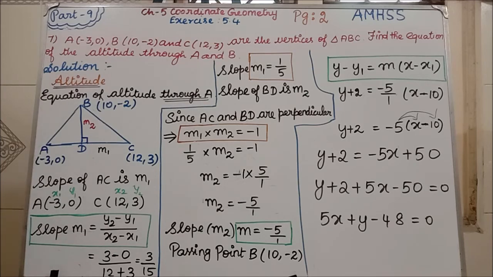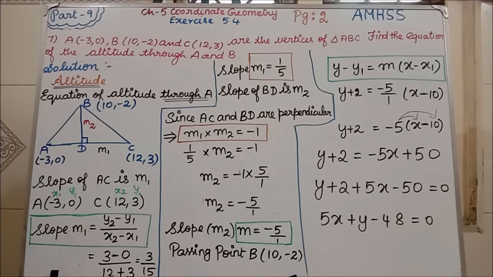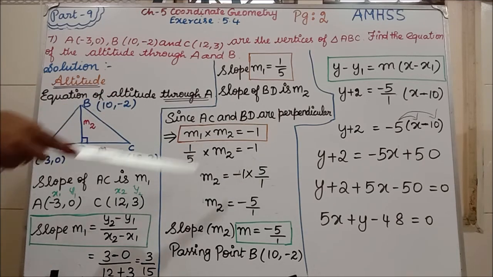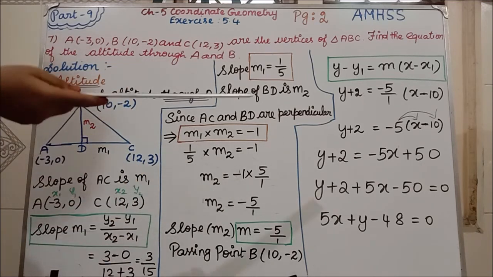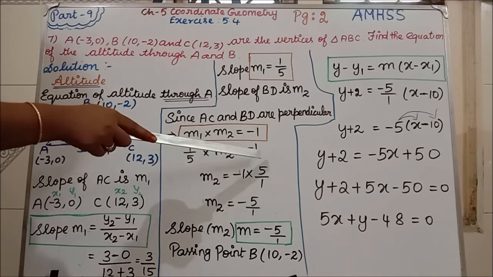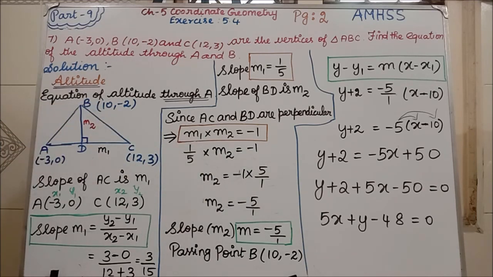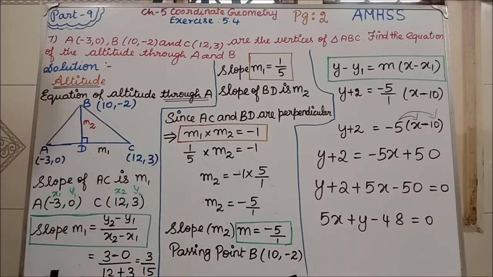What is the perpendicular formula? m1 into m2 is equal to minus 1. m1 value is 1 by 5, m2 we don't know, equal to minus 1. If this 1 by 5 goes to that side, it becomes the reciprocal, 5 by 1. Clear students? m2 is equal to minus 1 into 5, which is minus 5 divided by 1.